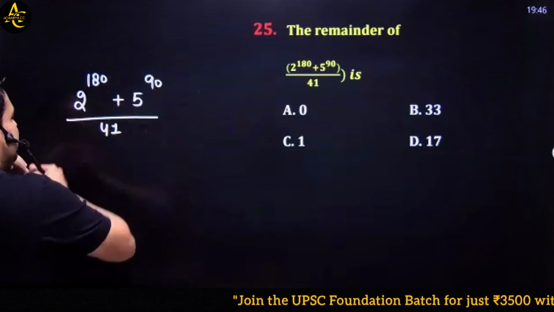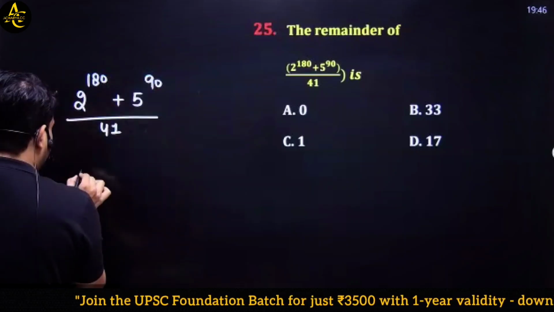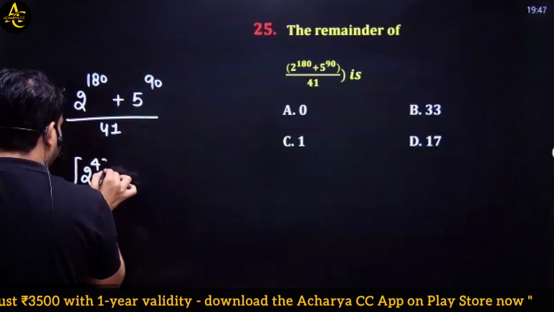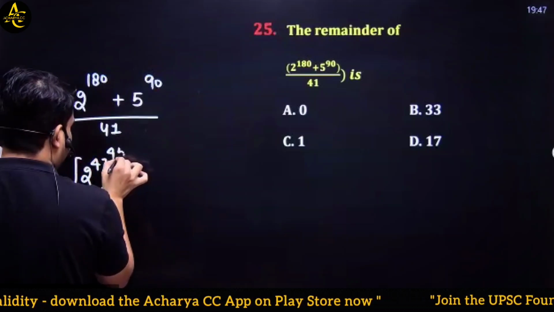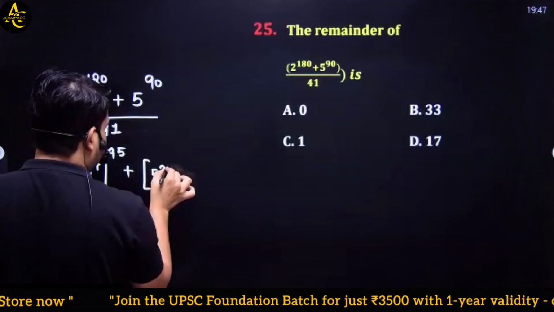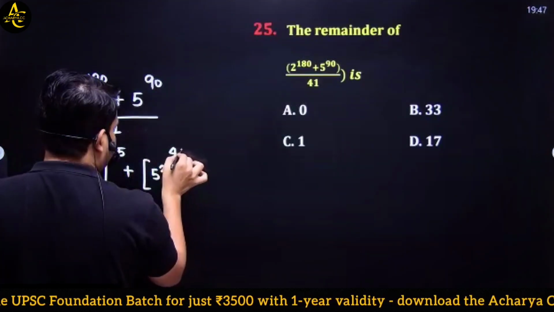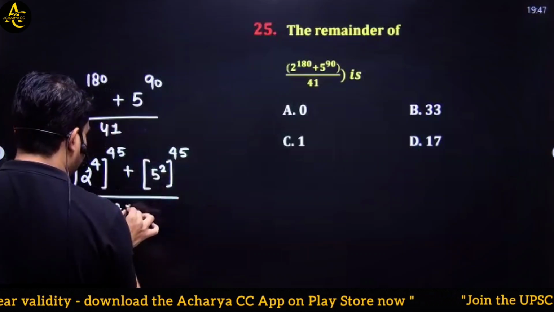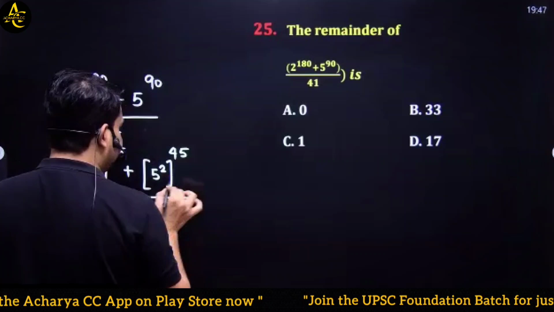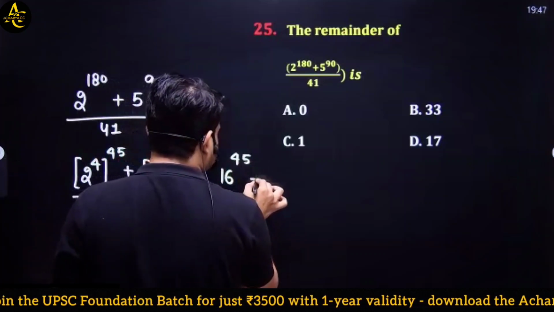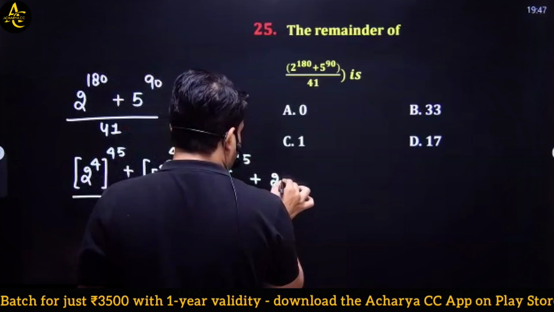And 90 is an even number. So what can we do? We can write 2 to the power 4 to the power 45 plus 5 to the power 2 to the power 45, divided by 41. It will become 16 to the power 45 plus 25 to the power 45.